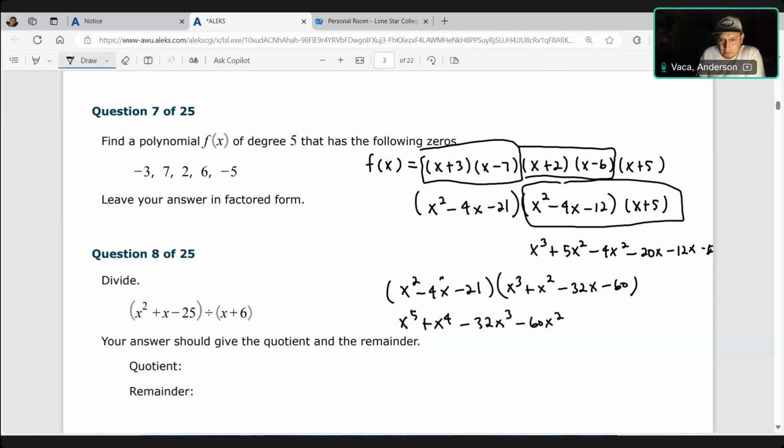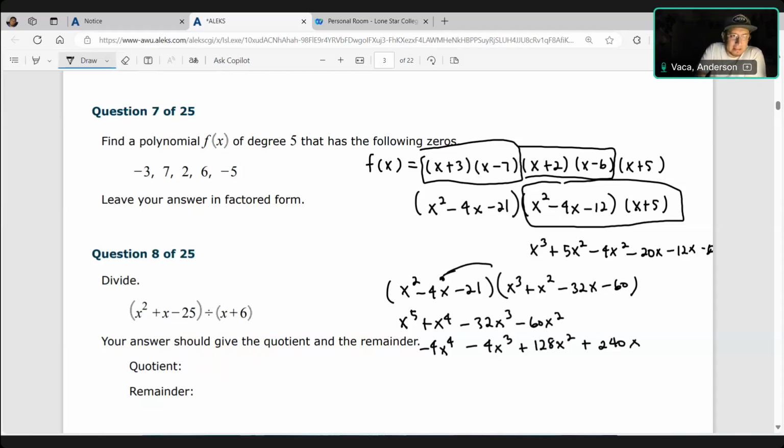So now I'm doing this one. So that will be minus 4x to the 4th. That will be minus 4x cubed, plus 128x squared. And then we have negative and a negative, that will be positive 240x.